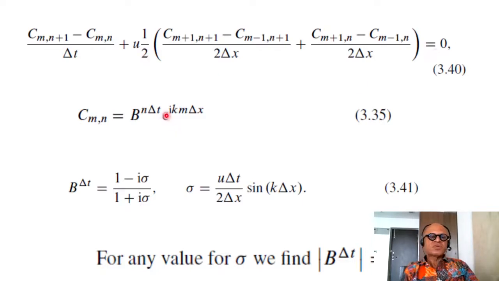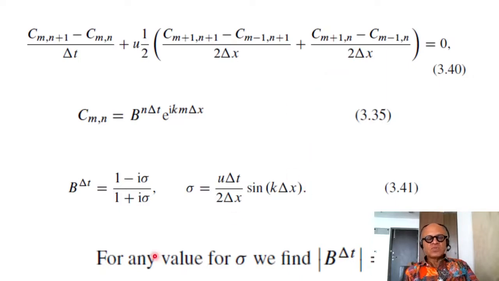That's equal to 0, and writing again C_m^n in the form b^(n delta t) e^(i k m delta x), then b^(delta t) becomes, solving for this, 1 minus i sigma divided by 1 plus i sigma, and sigma is here again u delta t over 2 delta x sine k delta x, just because we expanded the dependence on m plus 1, n plus 1 and m minus 1, n plus 1.